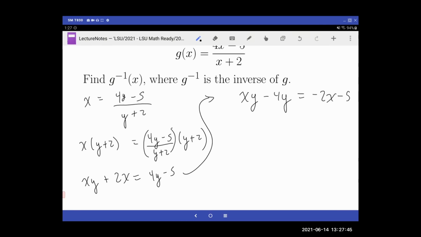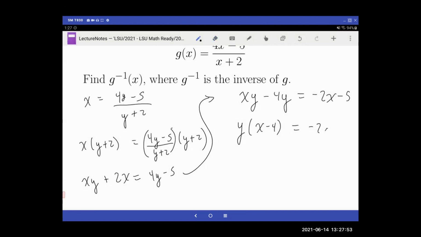Then I'll factor out a y and divide both sides by x minus 4. That is my inverse.